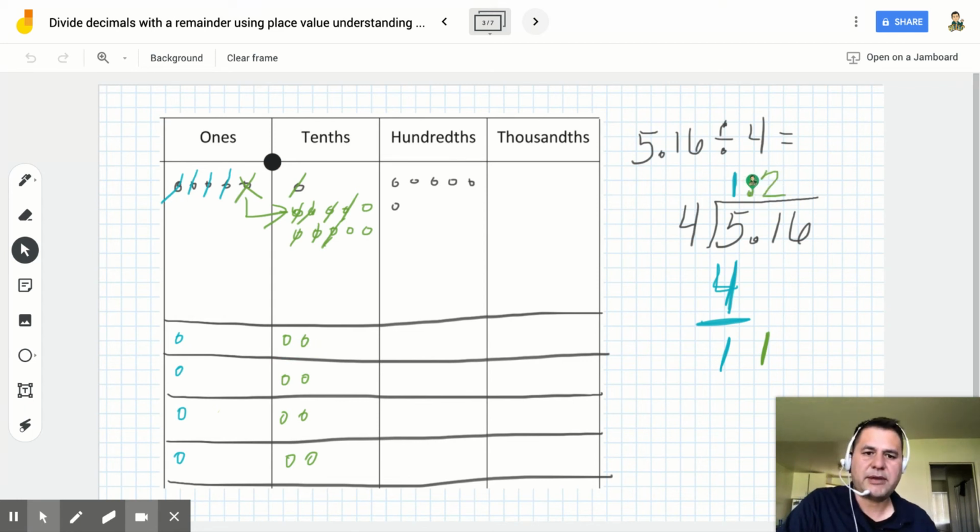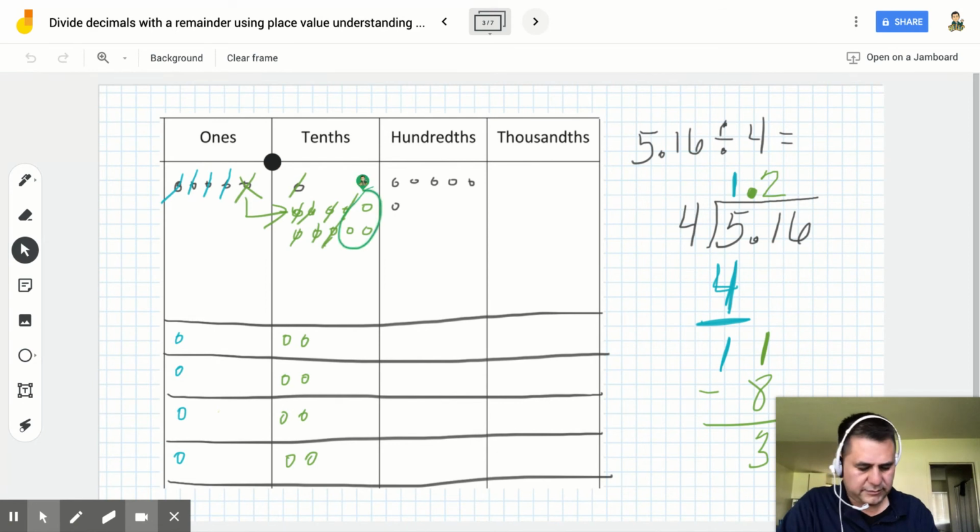Let me show that by adding that decimal there. If everyone gets 2 tenths, how many tenths have I given away? That's right, 8. 2, 4, 6, 8. How many are left? 3.